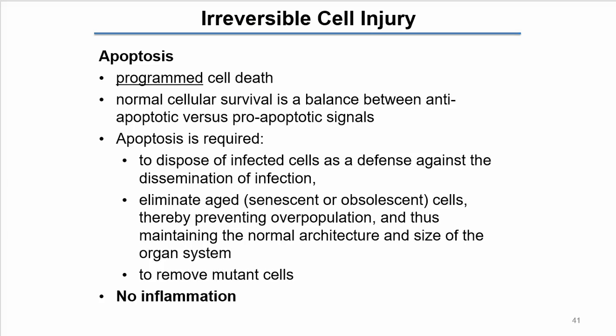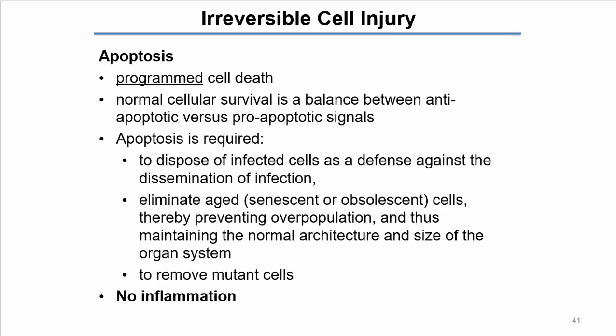So an organ needs its normal architecture, needs its normal size. We have to remove the older cells and replace them with new ones to maintain function and architecture. Mutant cells, cells that are not doing what they're supposed to do, usually undergo apoptosis. They're gotten rid of.